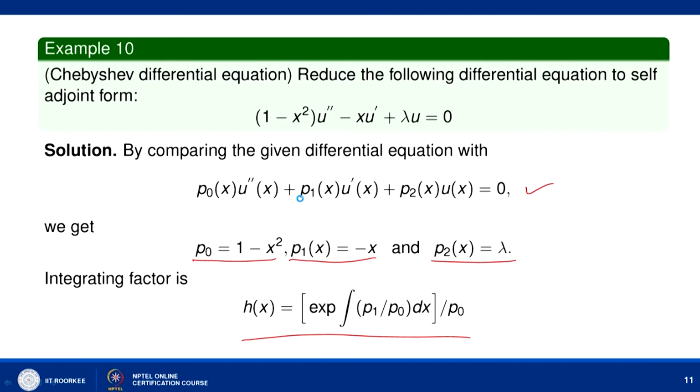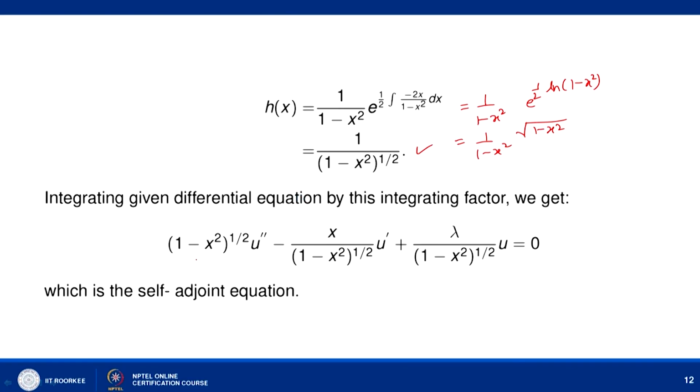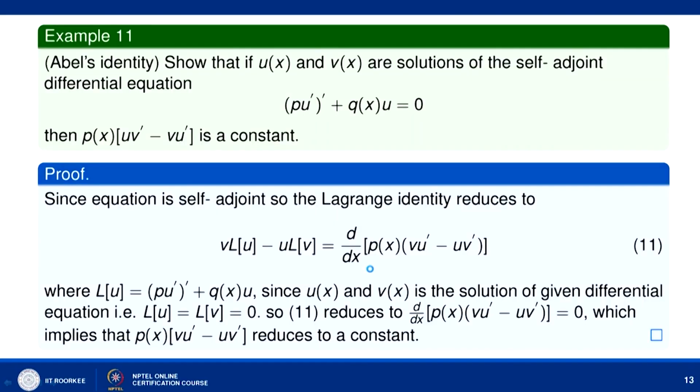So multiplying throughout by 1 upon under root 1 minus x square, we have the following differential equation: (1 minus x square) to the power half u'' minus x divided by under root 1 minus x square u' plus lambda times this. You can easily check that here the derivative of this is given by this. So this is given in self adjoint form.